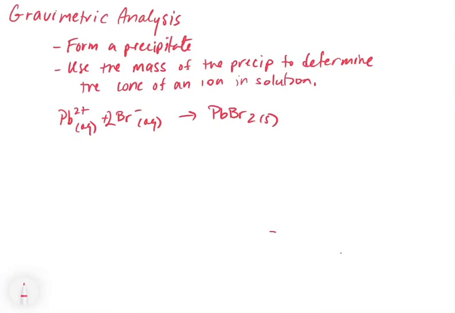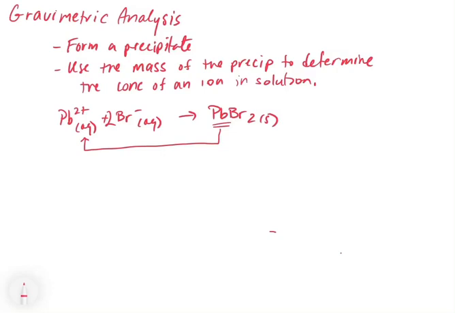From this solid precipitate of lead bromide, we can use the number of moles to go back and determine how many moles of lead 2+ were in solution. And if we know the volume, we can get the concentration. So that's the idea behind gravimetric analysis. You form some kind of precipitate, and then you work your way back to figure out the concentration of an ion in solution.